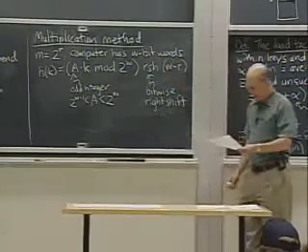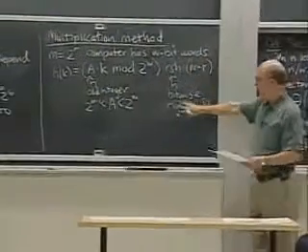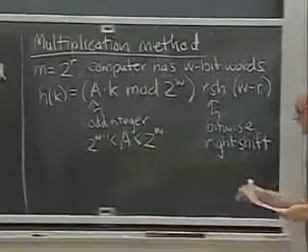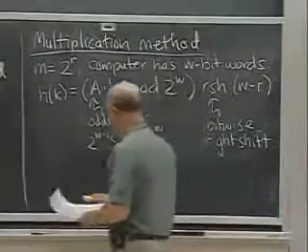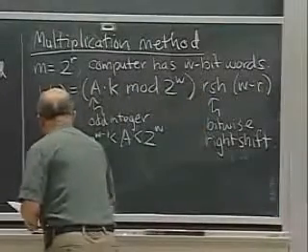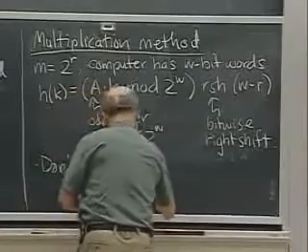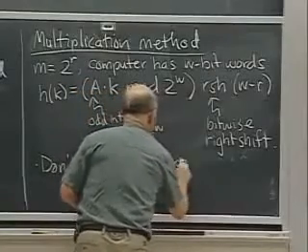Okay? So let's look at what this does, but first let me just give you a couple of tips on how you pick what you don't pick for A. So you don't pick A too close to a power of 2.